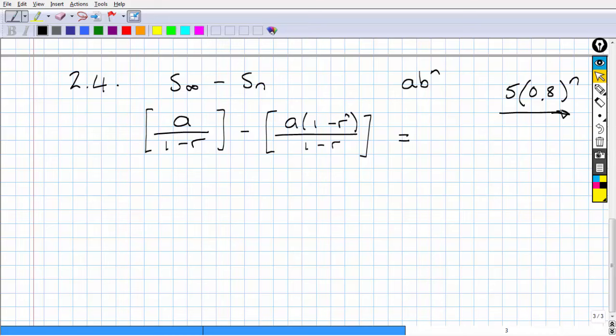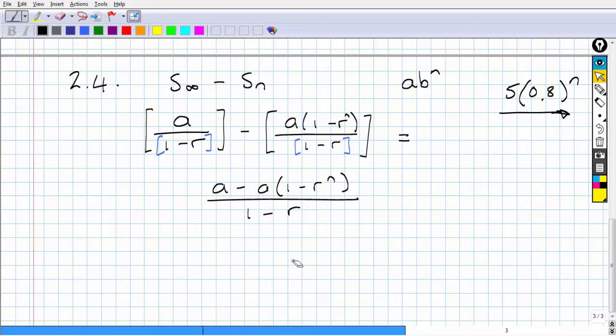Well, we start by simplifying this. We can see that this over here and this over here are exactly the same, so we have a common denominator. That means that we can write this as a minus a times 1 minus r to the power of n, divided by 1 minus r.